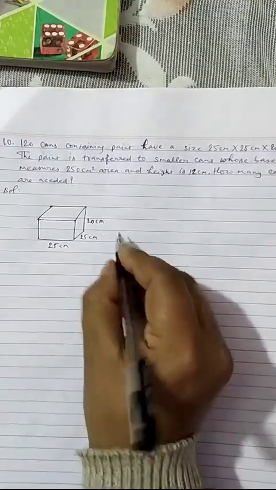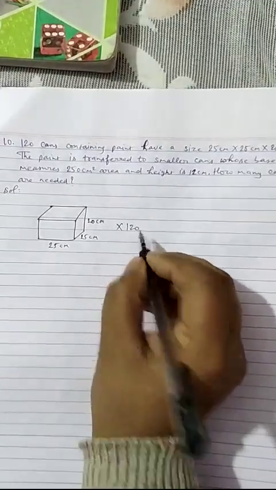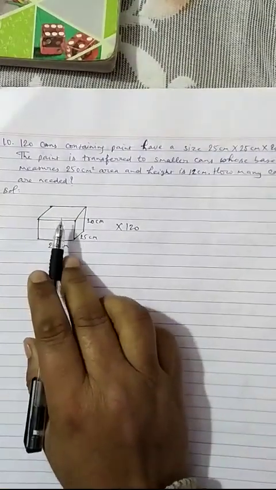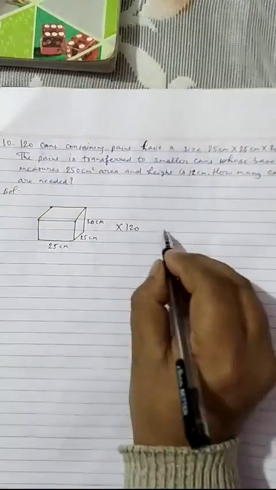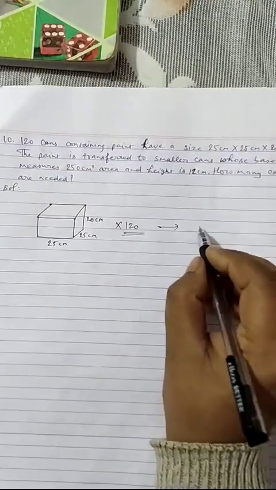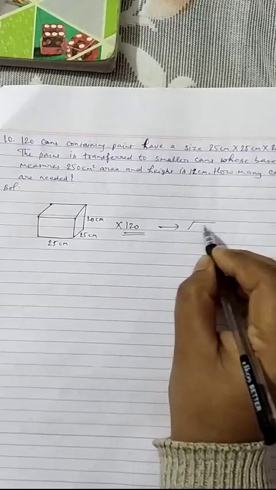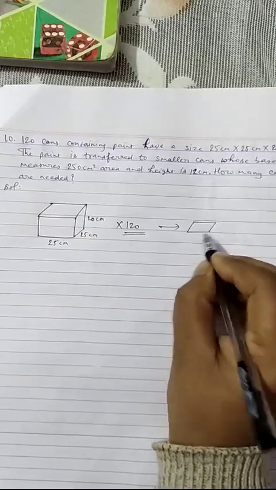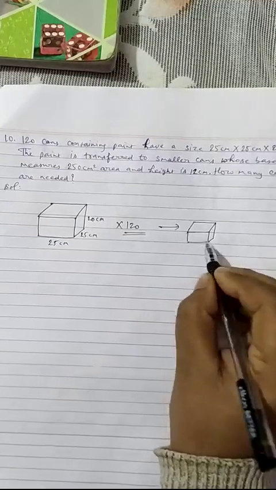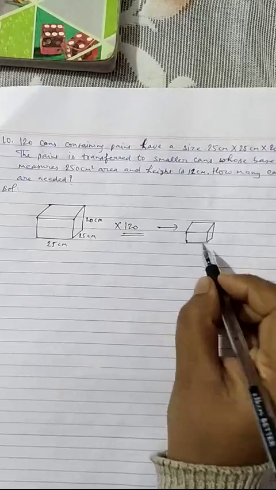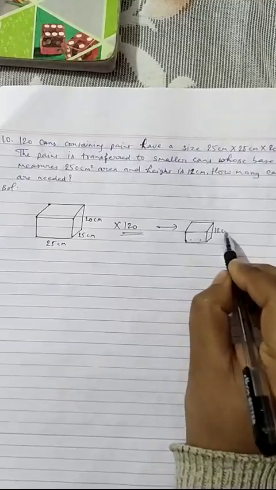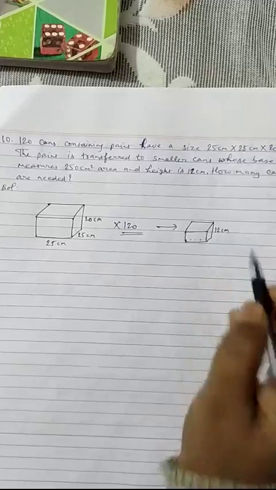This type of 120 cans we have, and the paint is to be transferred from this can to smaller cans whose base area is given 250 centimeter square and the height is given 12 centimeter.